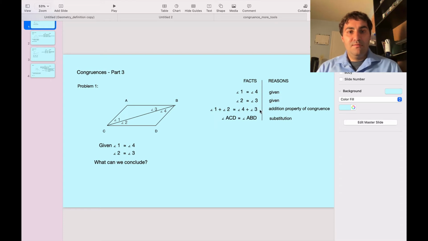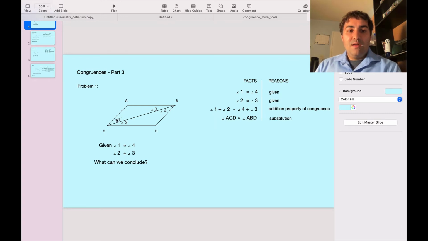And we know from the previous video that when we have this type of congruence, we can actually add these two together to get a larger congruence relation. So angle 1 plus angle 2 is congruent to angle 4 plus angle 3, which is the addition property of congruence.